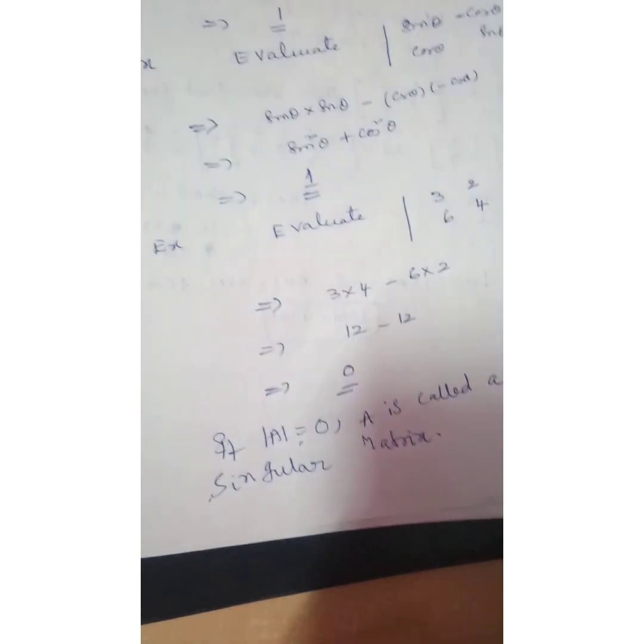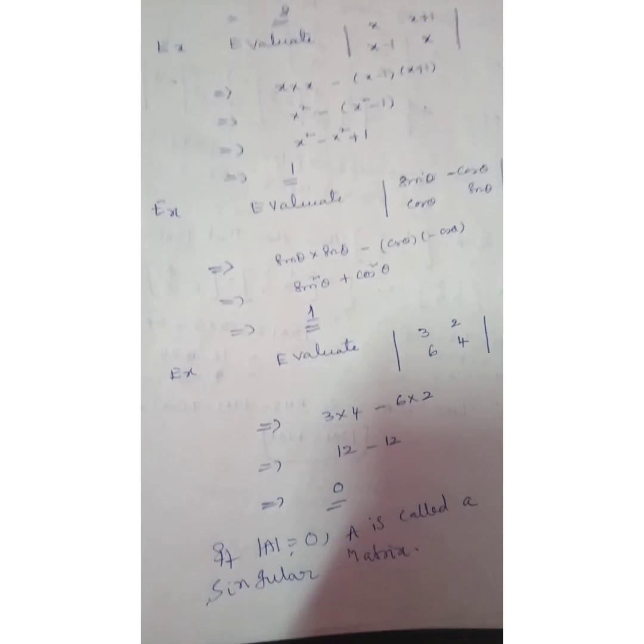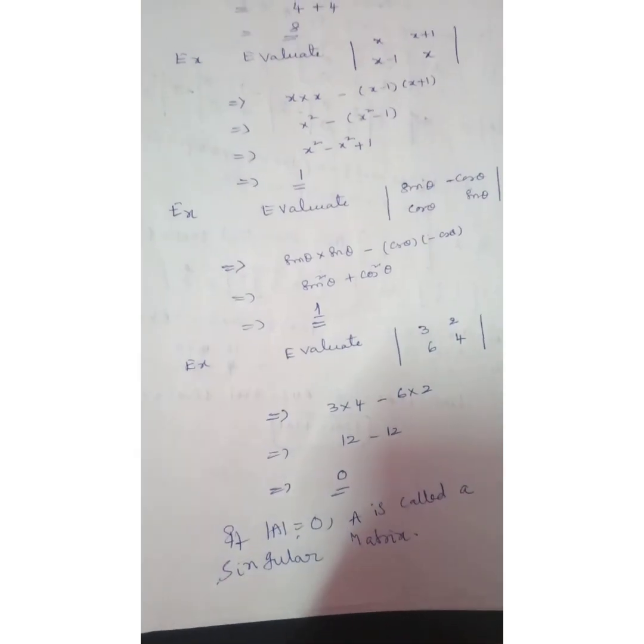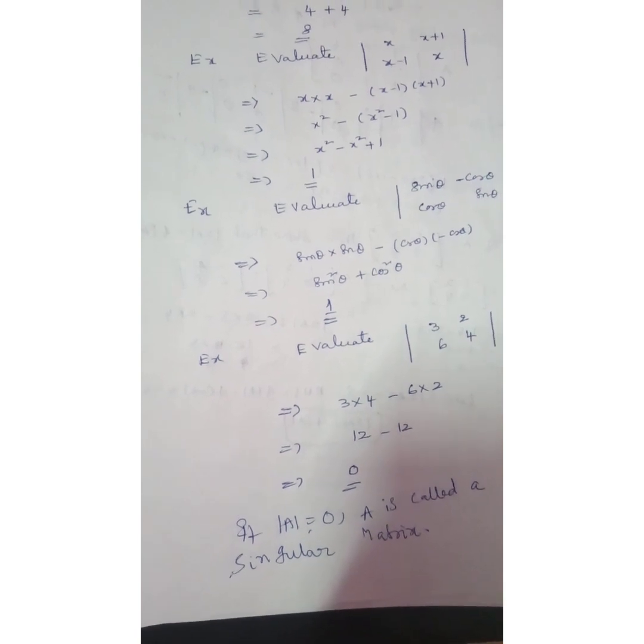If the determinant of A is not 0, then it is called a non-singular matrix. So here only one determinant is singular, all the others are non-singular matrices.